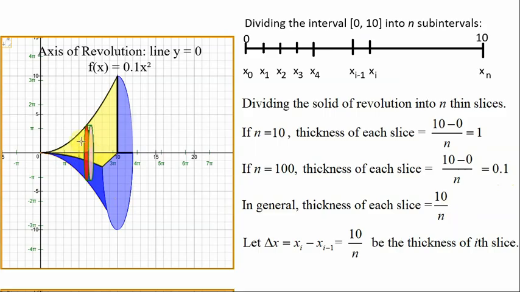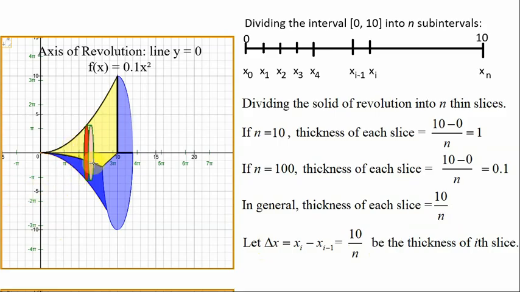And so for this ith disk right here, the thickness of this disk is 10 over n. And so if we divide this solid into 10 slices, then the thickness of each slice will be 10 over 10, which is 1. And so let's denote the thickness of each disk as delta x. And so in this case, it'd be 10 over n.